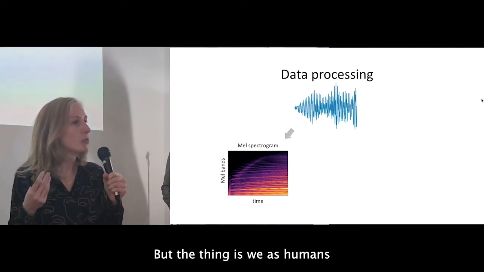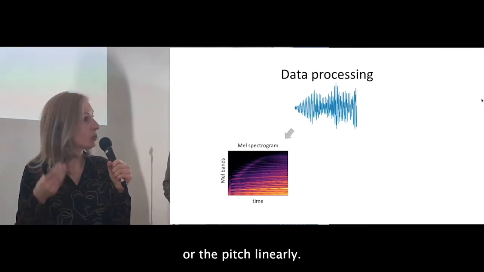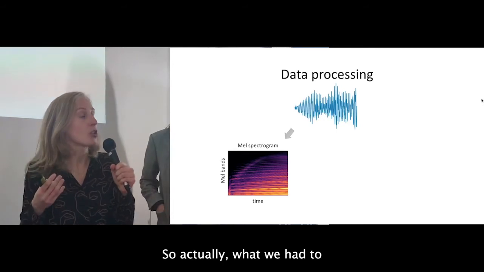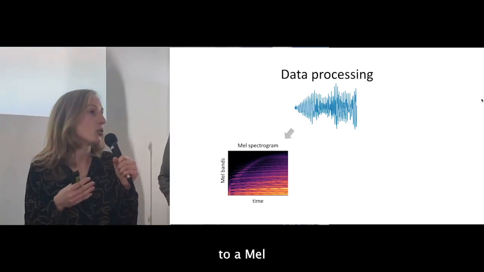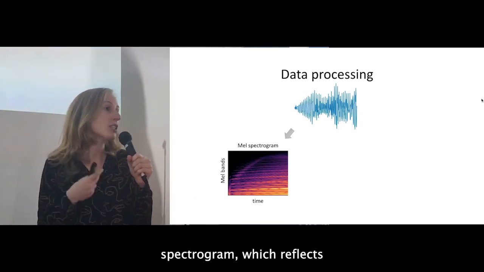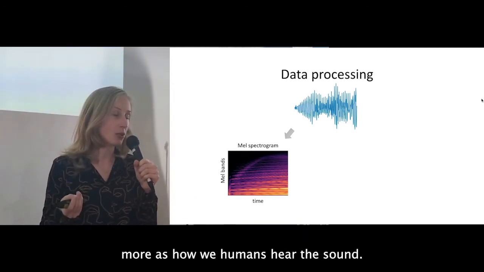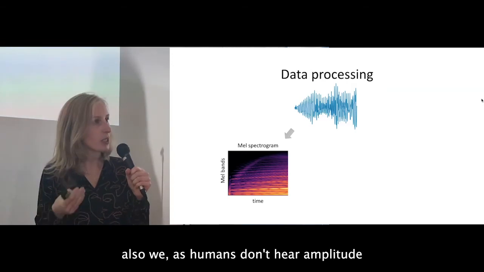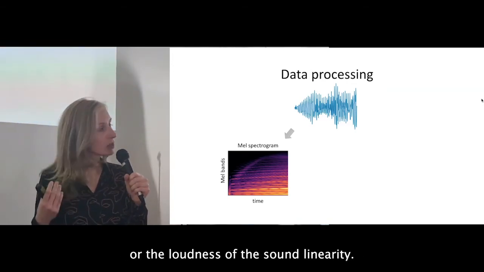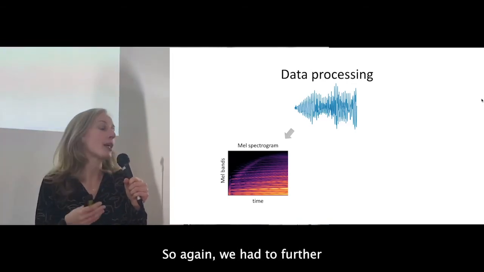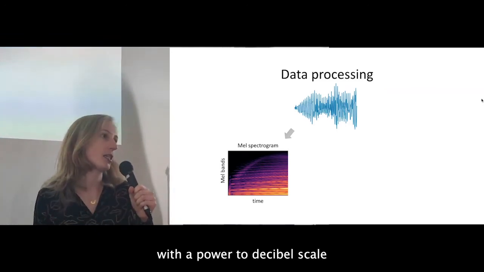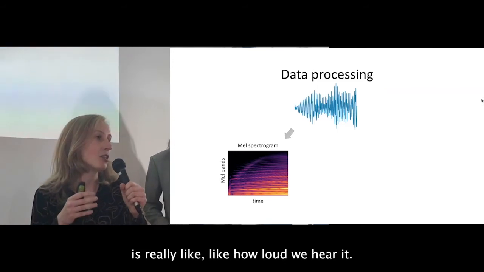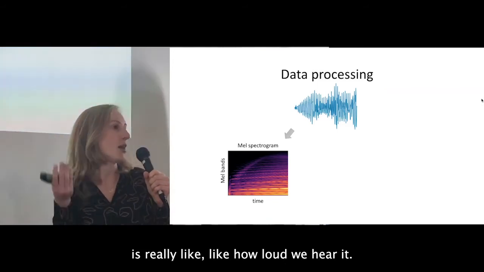But the thing is, we as humans don't actually hear frequency or the pitch linearly. So what we had to do is convert our spectrograms to a MEL spectrogram, which reflects more how we humans hear the sound. And in a similar way, we as humans don't hear amplitude or the loudness of the sound linearly. So again, we had to further convert our spectrogram with a power to decibel scale so that the sound is really like how loud we hear it.